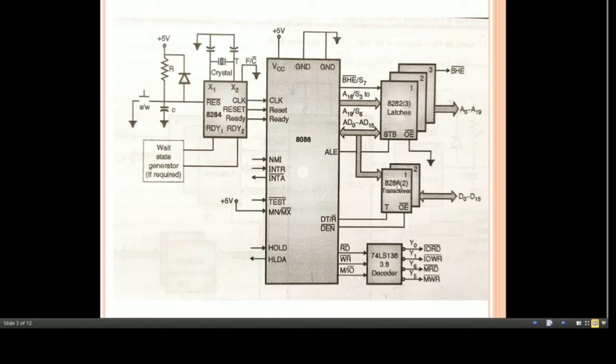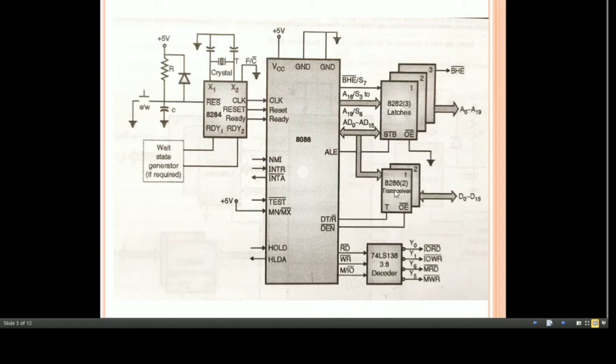To service 16 data lines we require a total of 2 transceivers. The multiplexed address lines AD0 to AD15 are also connected to this transceiver, along with the data transmit/receive bar pin and the DEN bar pin.